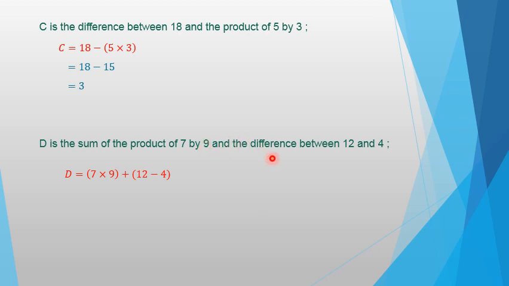And the difference between 12 and 4. Difference means subtraction. I have to find the answer of 12 minus 4 and put it after the addition sign that represents the sum. So 7 times 9 is 63 plus 12 minus 4 is 8. So 63 plus 8 equals 70.